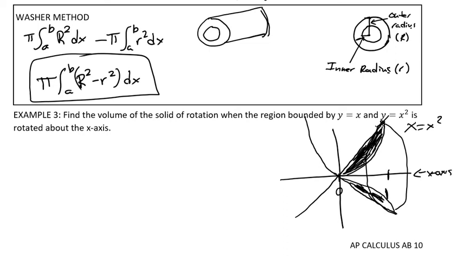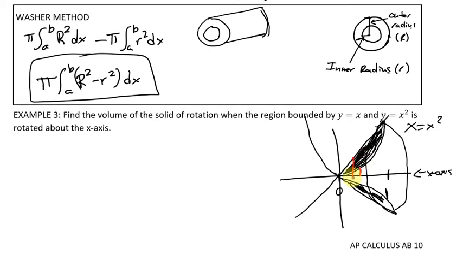So my inner radius would go from here. This is where I'm rotating, so it would go from here to here. And then my outer radius would go from here all the way to here. So you can see that it goes from the x-axis to the y equals x line, which is the outer radius.